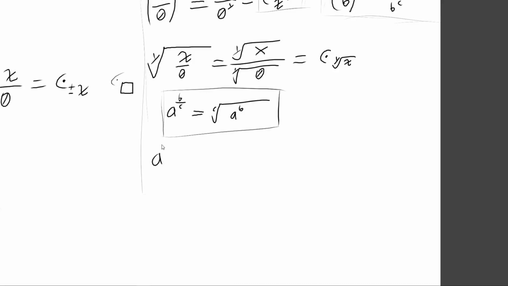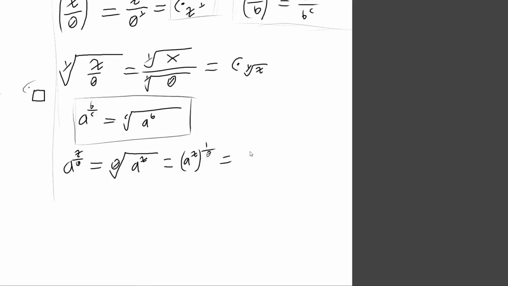a to the x over 0 equals the 0th root of a to the x, which in turn equals a to the power of x to the 1 over 0. This is literally the same thing.